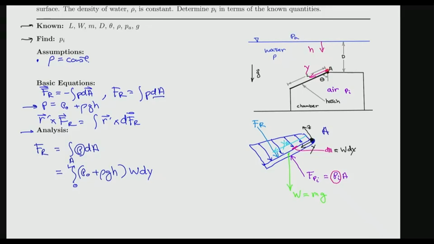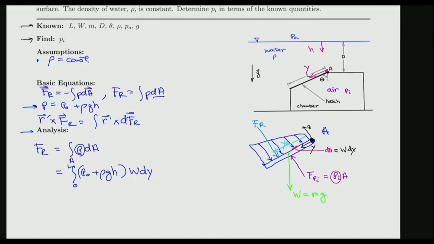And y goes positive along the surface and positive downwards. But what we really need is the depth at each point with coordinate y, right? Because the surface is inclined at this angle theta, what we really want is this vertical height. For any point y, we want the vertical component.